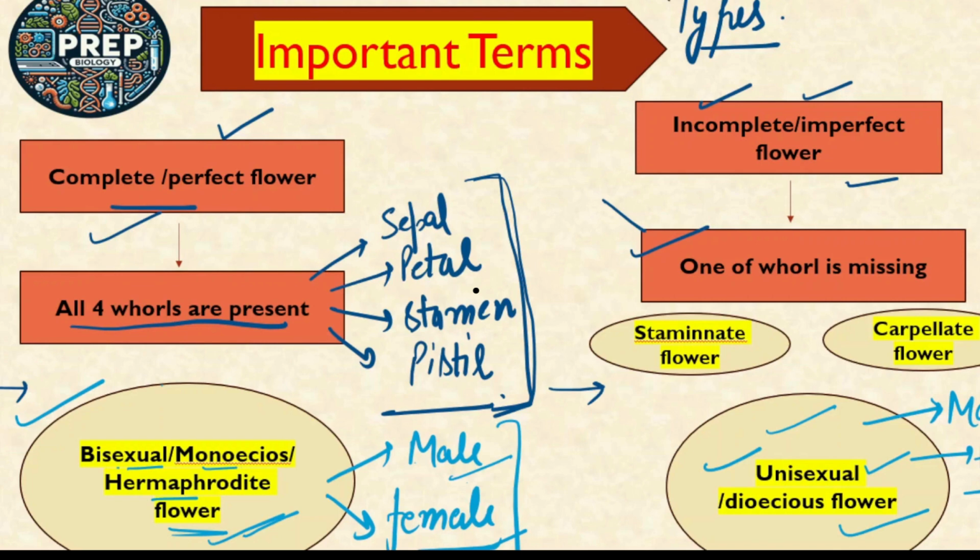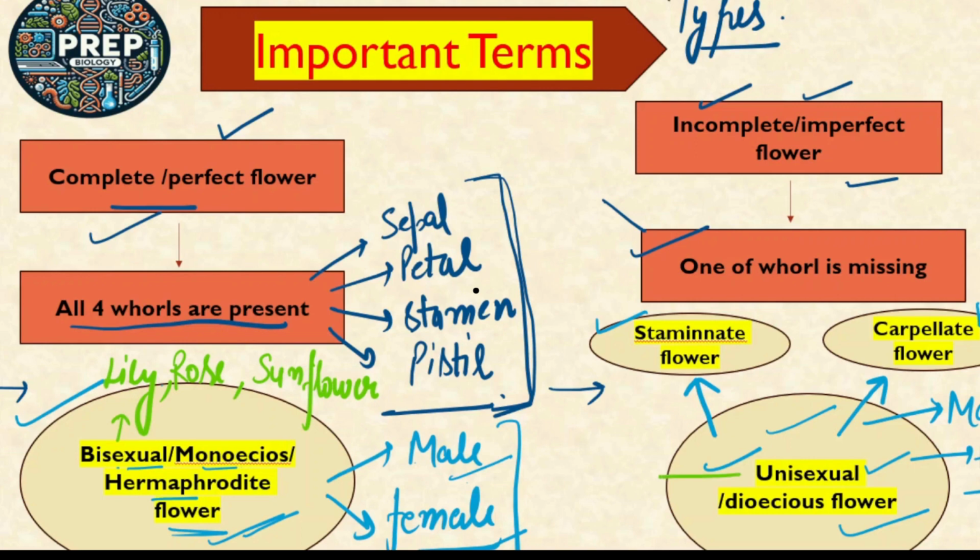If only the stamen is present, that condition is called a staminate flower. If only the pistil or carpel is present, that flower is called a carpellate flower. We have multiple examples, so note them down. For bisexual or monoecious flowers, we have examples like lily, rose and sunflower.